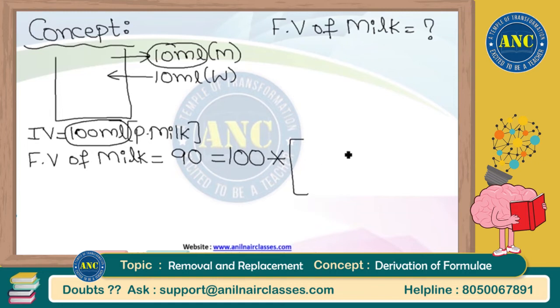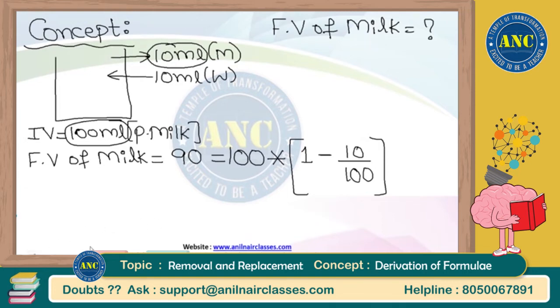That means 10 out of 100 is taken out. If 10 out of 100 is taken outside, remaining is how much? 1 by 10 is taken outside, remaining is 9 by 10. That 9 by 10 is nothing but 1 minus 1 by 10, or 1 minus 10 by 100. Both are the same. I hope I am making sense for you people.